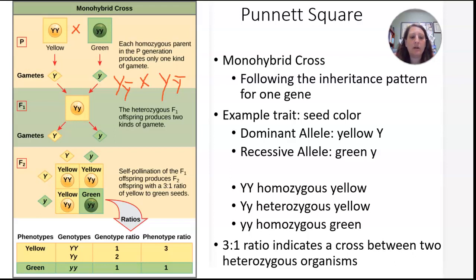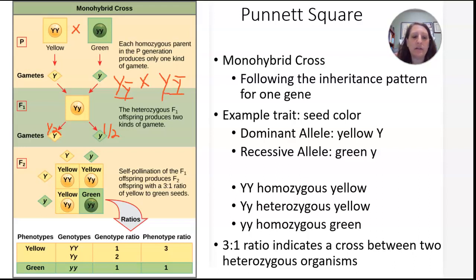These will come apart during meiosis, and half of the gametes will contain a capital letter Y, and the other half, an equal number, will contain a lowercase letter y. So 50-50: 50% of the gametes will carry the dominant allele, and 50% will carry the recessive allele. That's true for both of these parents.